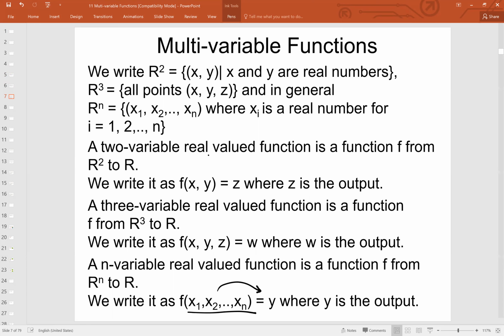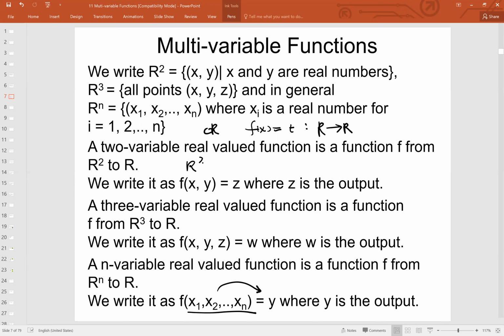By the way, in one variable we have f of x equal to some output. I use y already, otherwise y, z, and t. Then we say f goes from real to real, one dimension to one dimension.